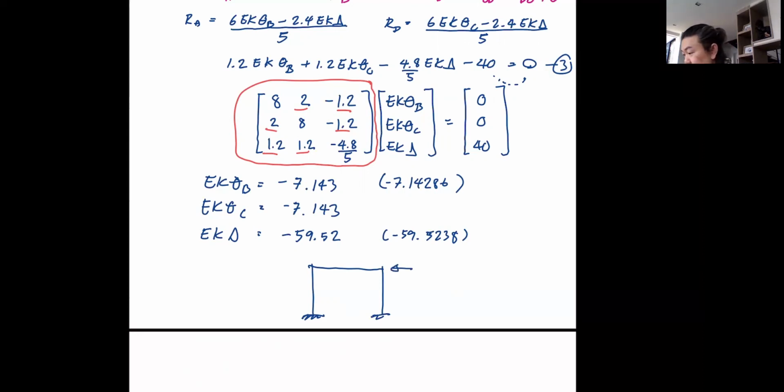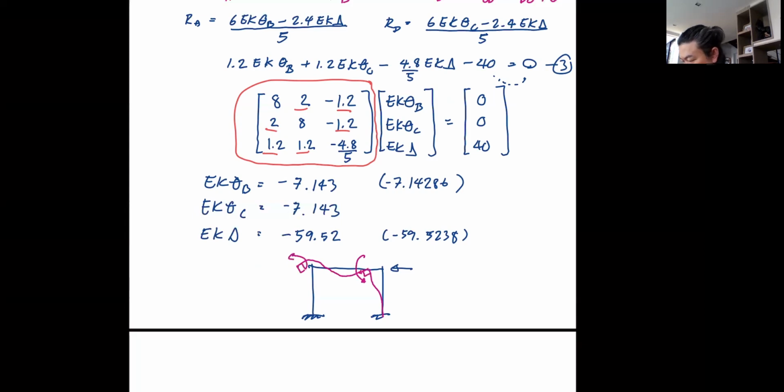Now you know that your frame is pushed to that side, so it's just going to go like this. See, this has to come down a little bit. And is that counterclockwise? It is. So EK theta B and EK theta C look possible. You see? So it moves in that direction. So it's counterclockwise, so it makes sense.